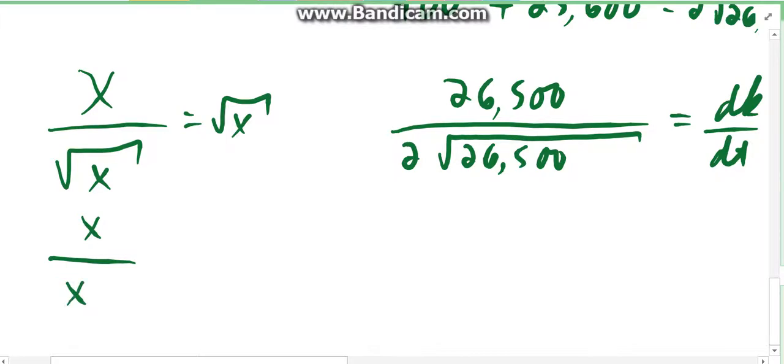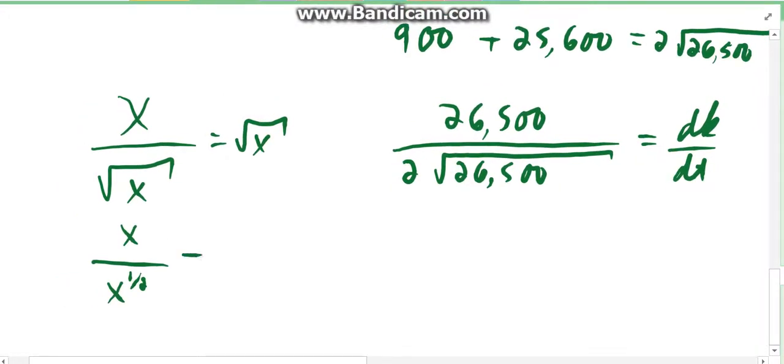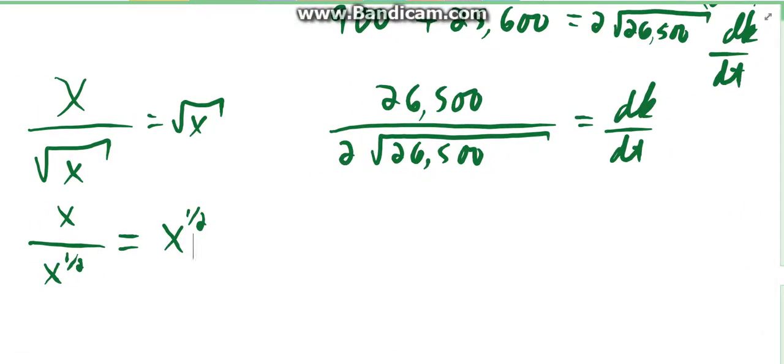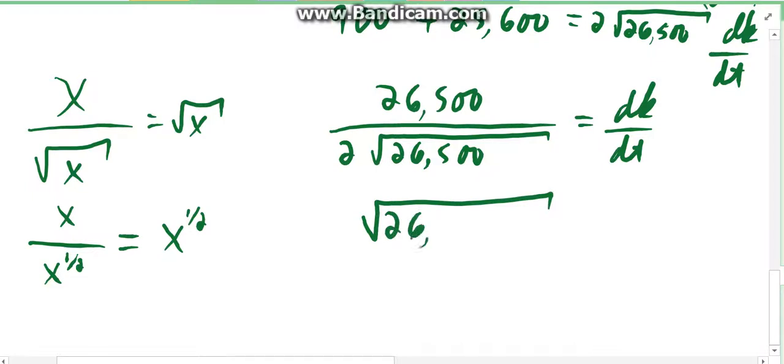That's the same thing as x divided by x to the 1/2, and you subtract those exponents. So that really gives you x to the 1/2 power. Okay, you can also just rationalize. It really doesn't matter. But when you take 26,500 and divide it by the square root of 26,500, you're going to get the square root of 26,500. Okay, so this is really going to be the square root of 26,500 divided by 2.